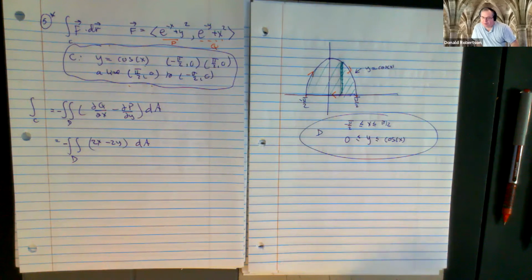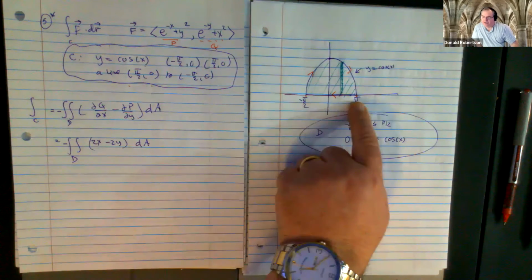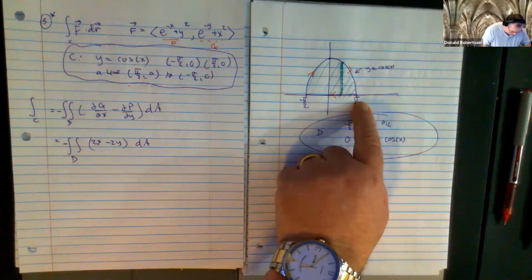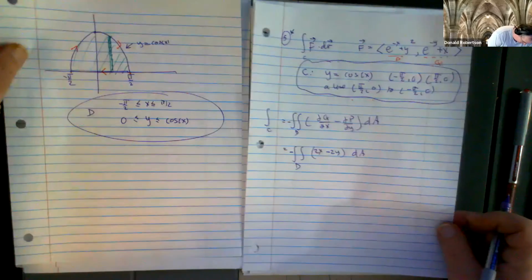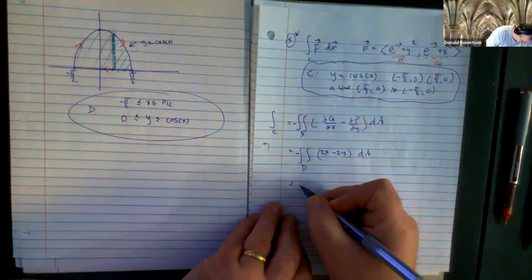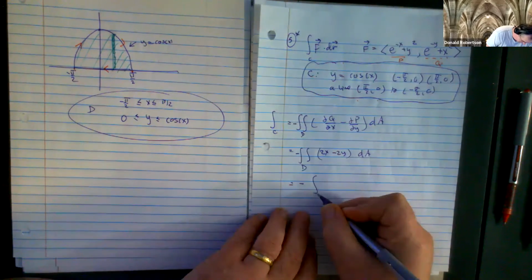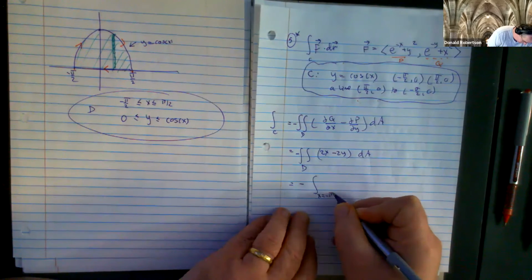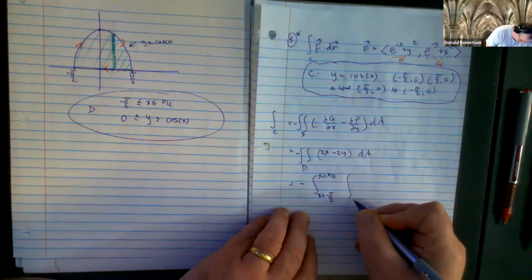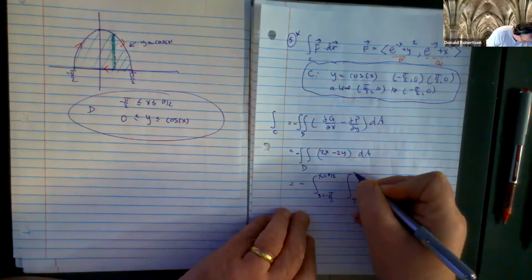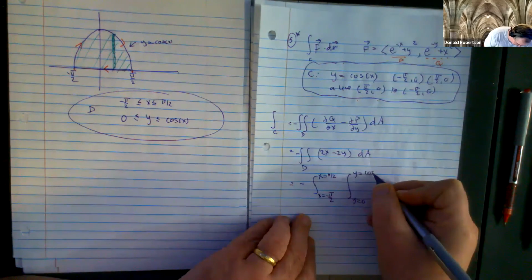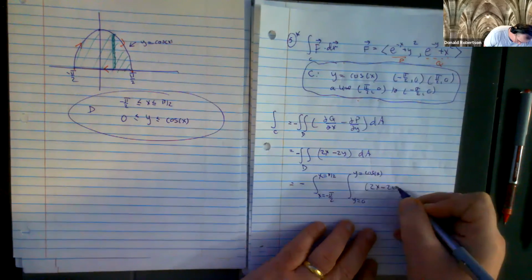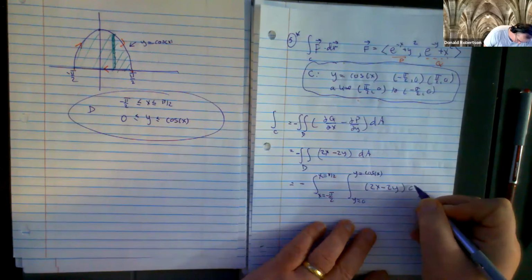From negative pi upon 2 to pi upon 2, and from 0 to the curve. So back to here. It's going to be negative the integral from x equals negative pi upon 2 to pi upon 2, from y equals 0 to y equals cosine x, and the function is 2x, take away 2y, dy, dx.